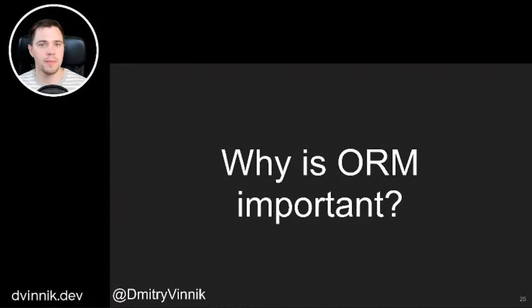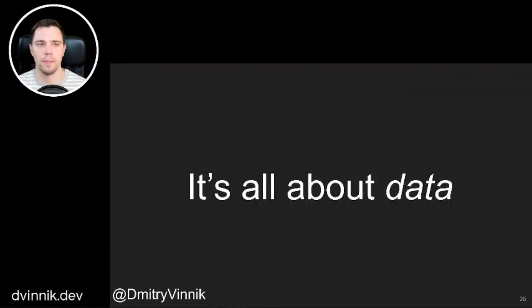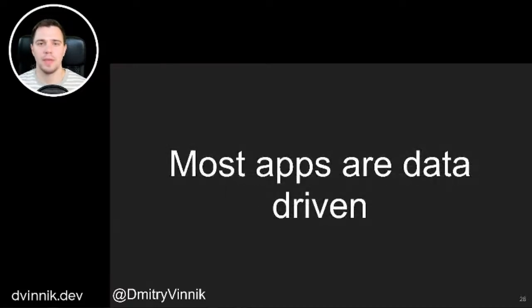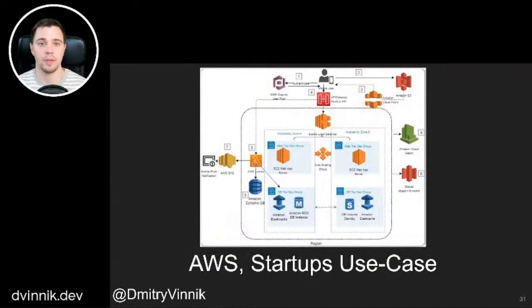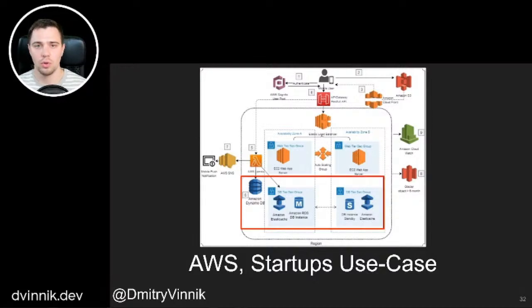And why is ORM important? Because why would we even discuss it if it wasn't? It's all about data. Everything is about data. Big or small, most applications are data driven. An example is Google Cloud integration, this simple diagram. It's really driven by data, an important piece of the entire pipeline. If you talk about AWS, the startup use case they have on their website is also all about data.